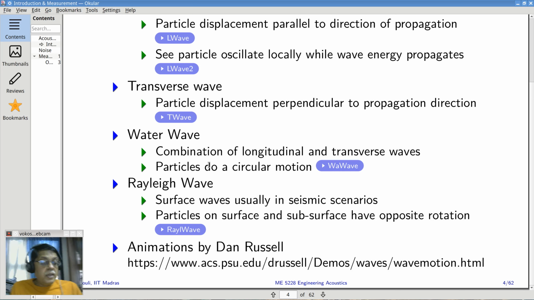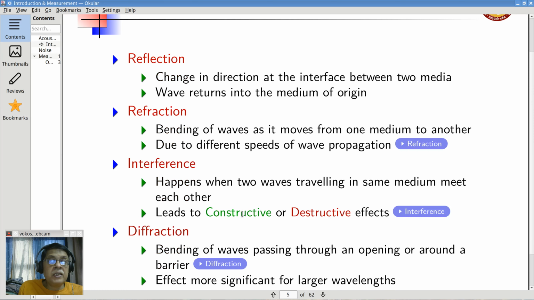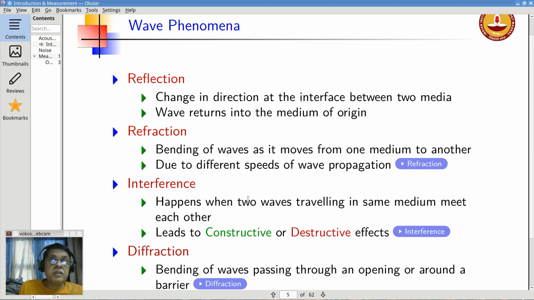Alright, so you have traveling waves, standing waves, longitudinal waves, transverse waves, water waves, Rayleigh waves, Stoneley waves, so many different classifications based on the characteristics associated with the wave. The other phenomena that we'll quickly look at, which you are aware of, just to summarize before we go into our subject, which is acoustics in air.